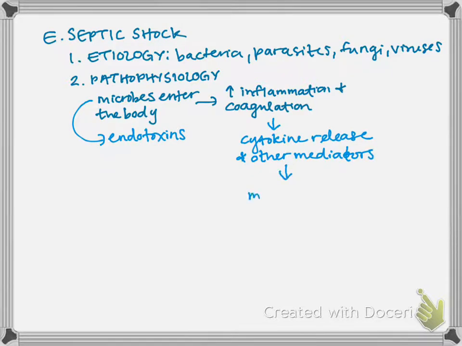We have microemboli forming because of the clotting aspect of the inflammatory response in response to any insult or invasion in the body of a microbe. We talked about that the endothelium functions as an organ as well. So if we have these microemboli, we have damage to the endothelium, which leads to the release of those substances from the endothelium, causing vasodilation.